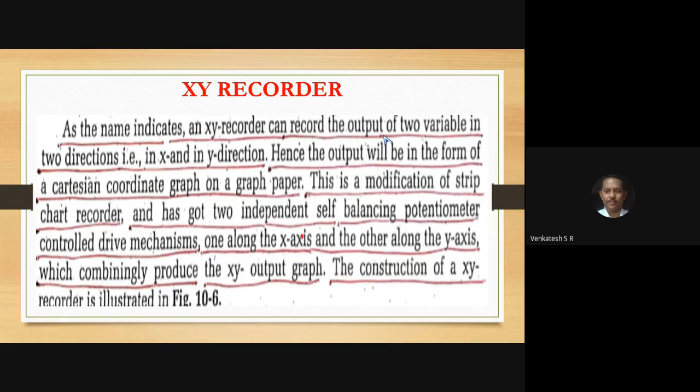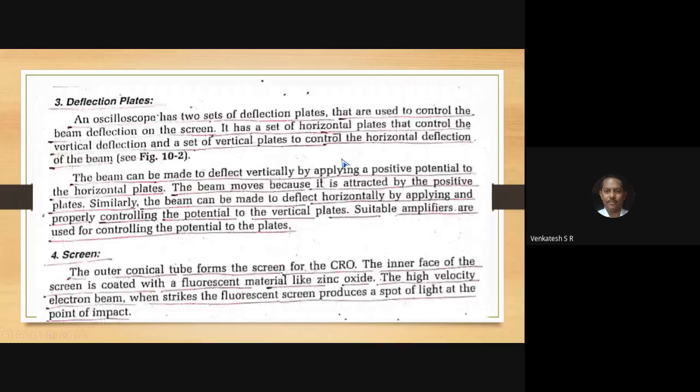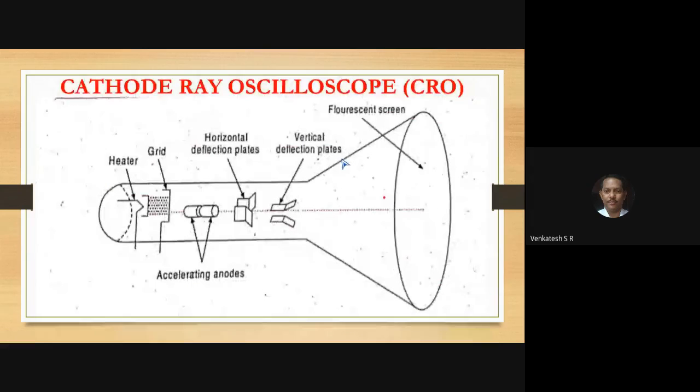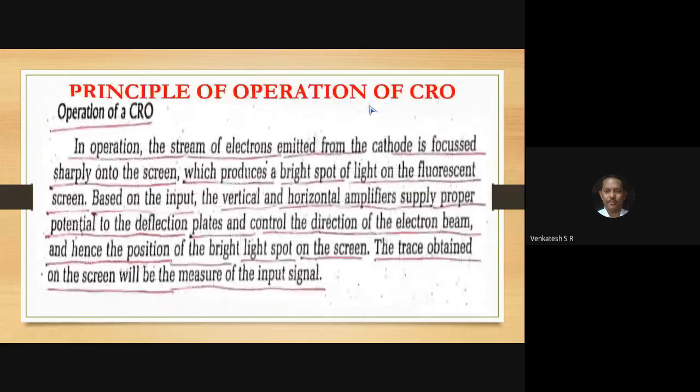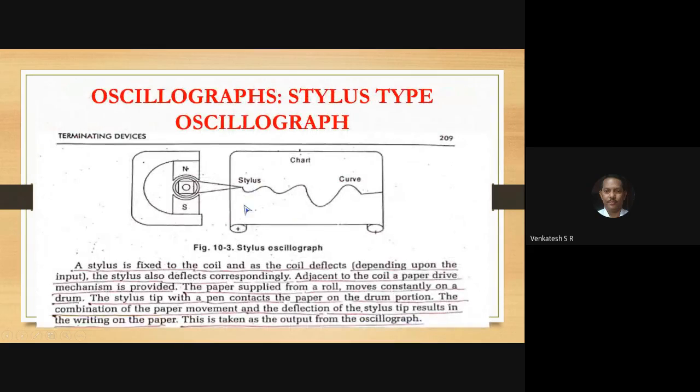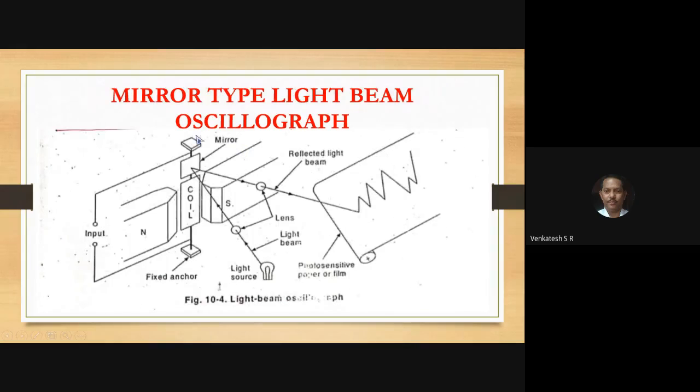So today you have studied, and in the last class also you studied, the cathode ray oscilloscope and the oscillograph, the stylus type of oscillograph and the mirror type of light beam oscillograph.